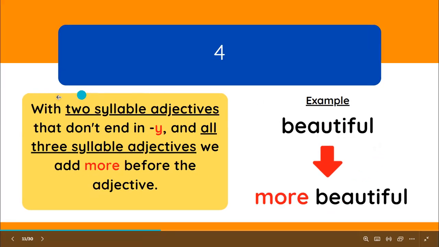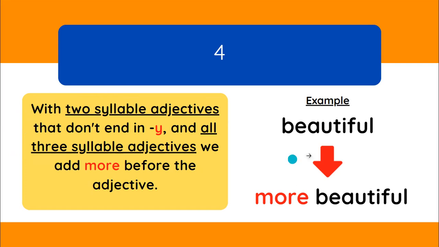All right, so what about this one? Let me see, Jamilet. With two syllable adjectives that don't end in Y and all three syllable adjectives, we add more before the adjective. How do we pronounce this? Three. Good job.